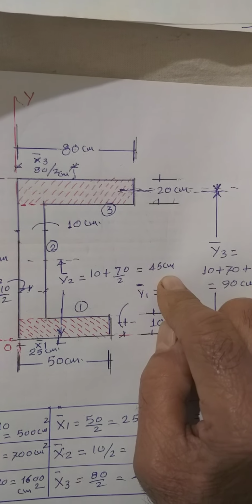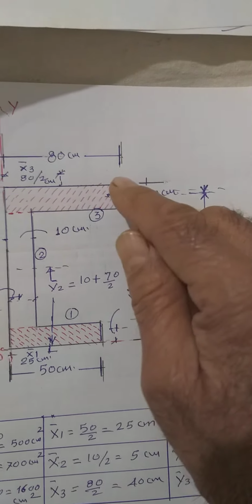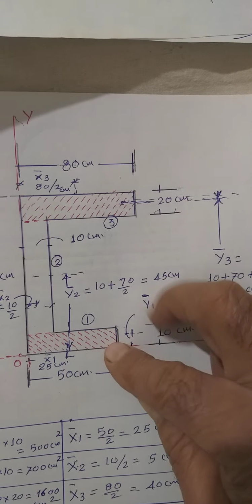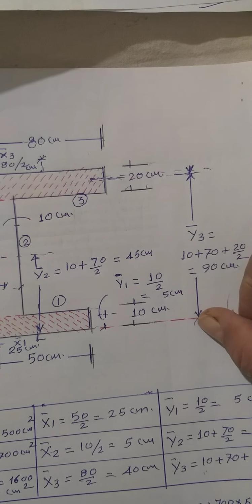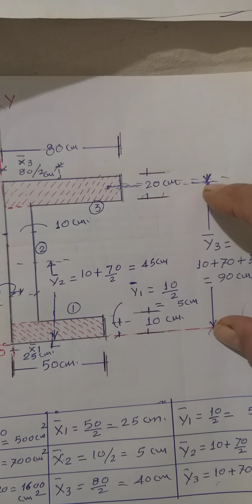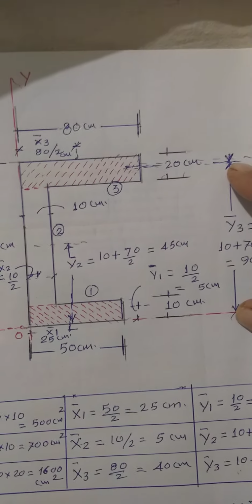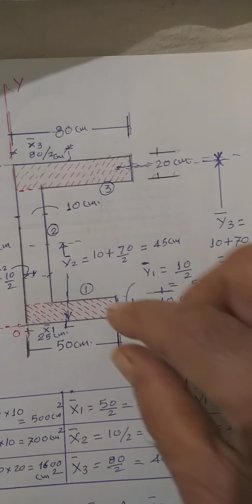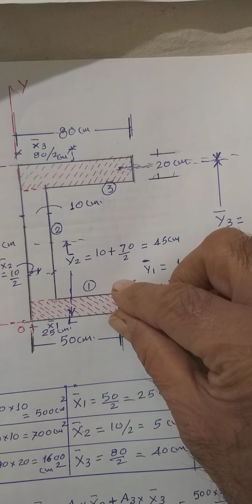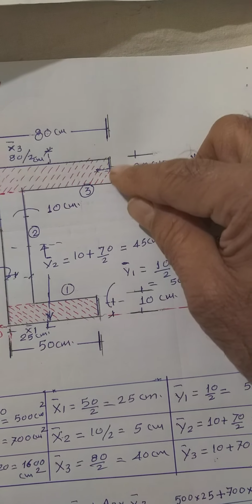Similarly, when we are talking in terms of y bar 3, now you can see from here to here, this total distance to the right of center, I have drawn the figure over here. This from this to the center of this figure over here will give the value of y bar 3. How can it be calculated? It is easy. First of all, you know this distance, then you know this distance, and make the half of this distance.